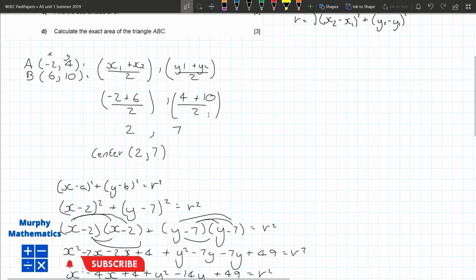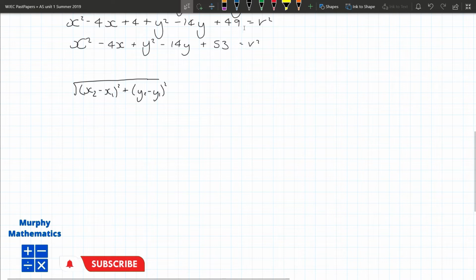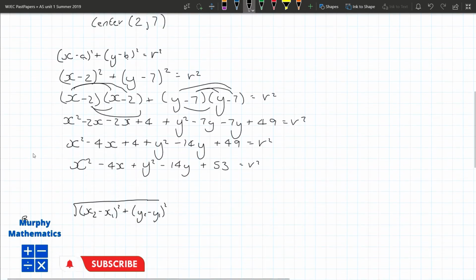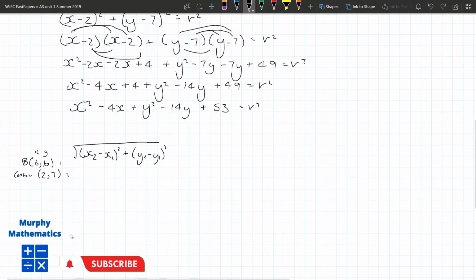So I'm going to use B as my point. So B is (6, 10), and the centre is (2, 7). These are x's, these are y's, this is 1, this is 2.